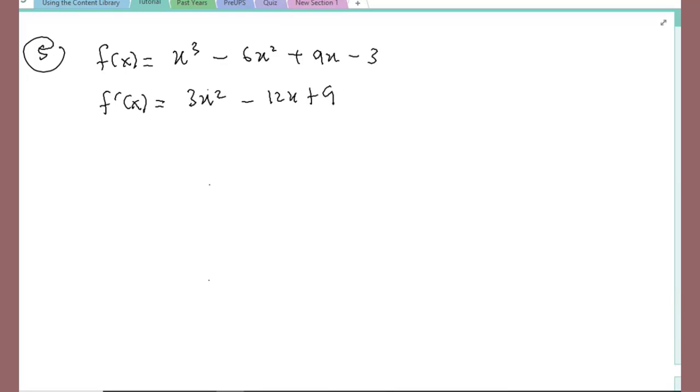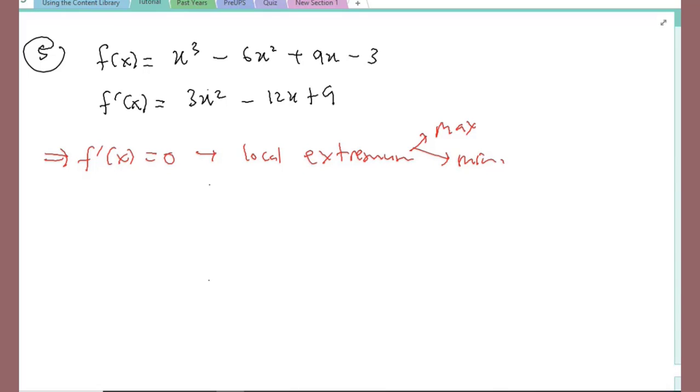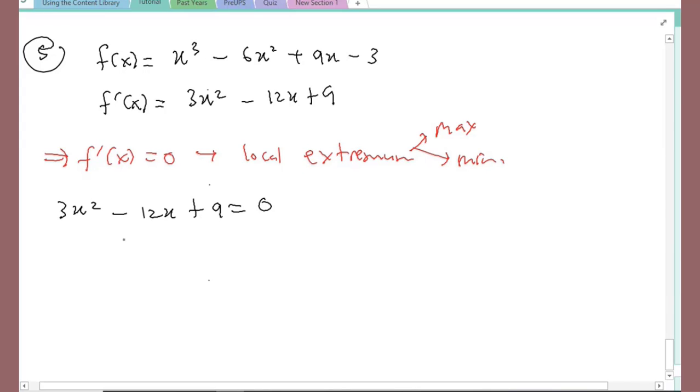Okay, so for the extremum, f prime x is equal to 0. We want to find the local extremum, maximum or minimum. So this one, 3x square minus 12x plus 9 is equal to 0.